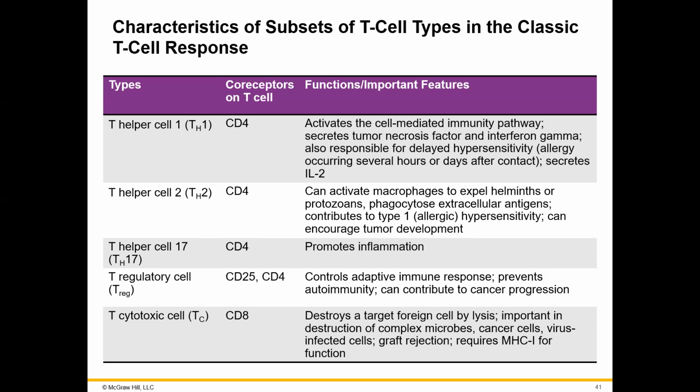As far as its functions go, it destroys target foreign cells by lysis. It's important in the destruction of complex microbes, cancer cells, and virus-infected cells, plays a role in graft rejection, and requires the major histocompatibility complex 1 for function.